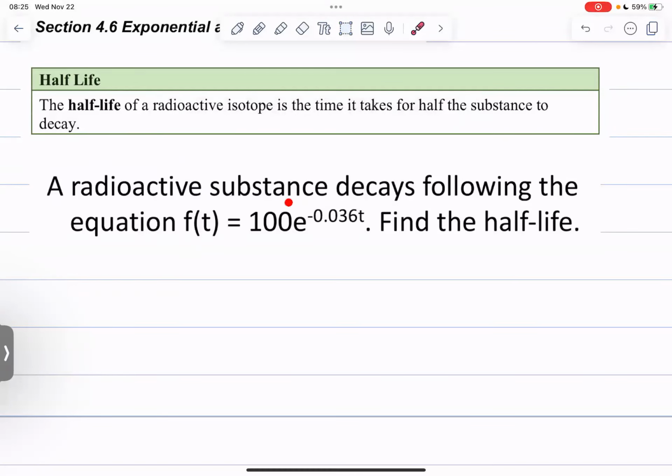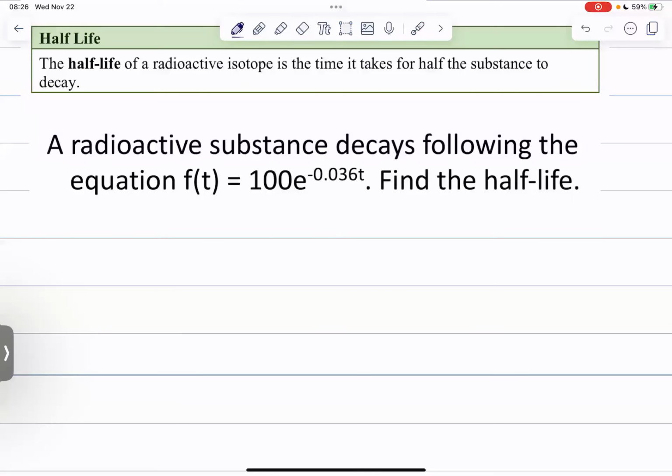A radioactive substance decays following this equation, 100 times e to the negative 0.036 times t. Find the half-life. So in order to find the half-life, we want to find the t that it takes for 100 to get to 50, right? Let's make a little note.